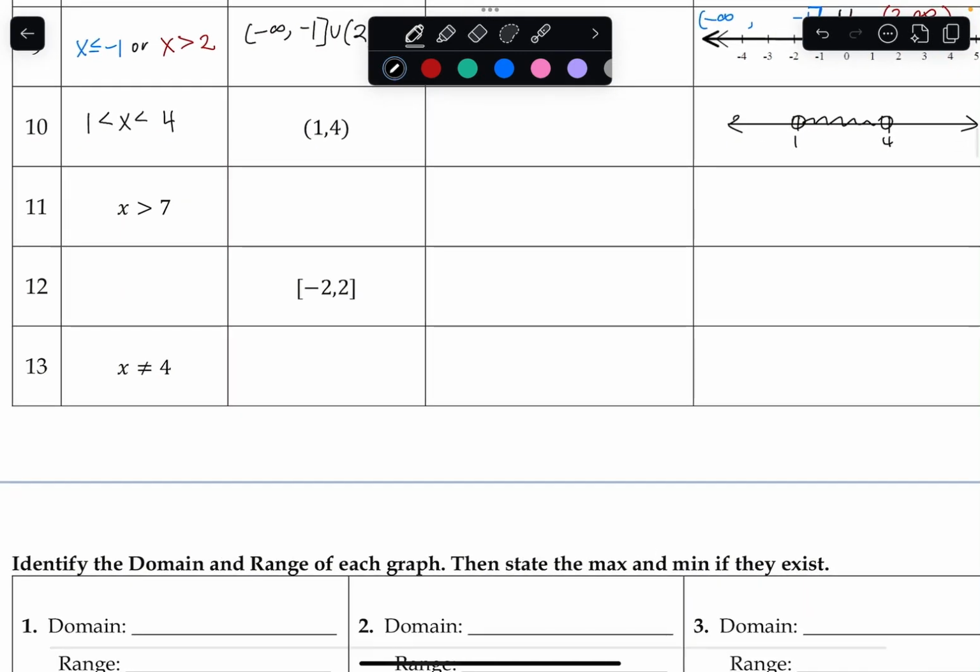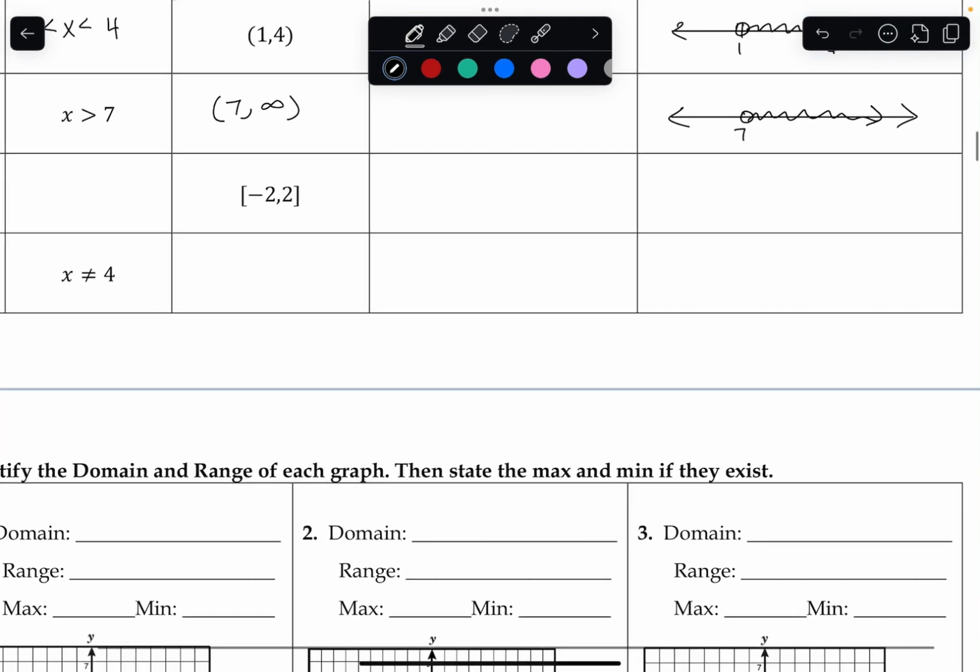Here we have x is strictly greater than 7. So we have our 7 with an open circle, shading to positive infinity. So 7 to infinity.